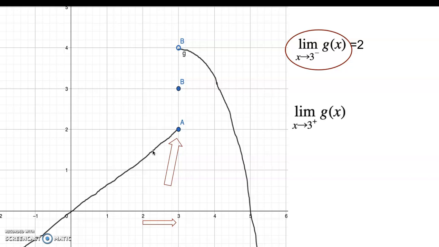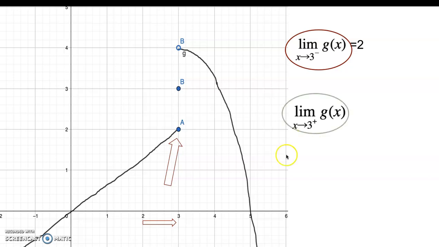Now let's look at another one-sided limit where we have x approaches 3 from the right side, which is shown by drawing a positive sign. So we're going to be looking at values of x where it is greater than 3. So that can be 3.01, 3.5, and so on.